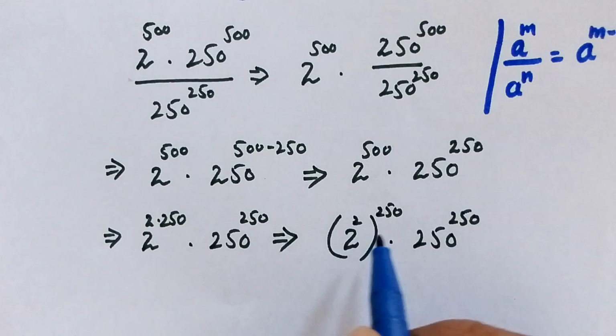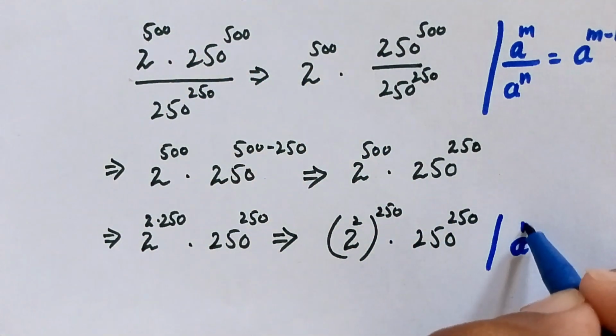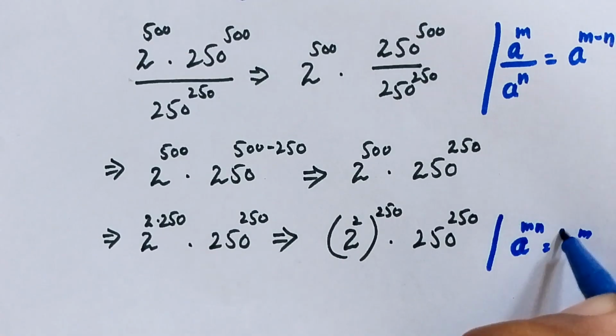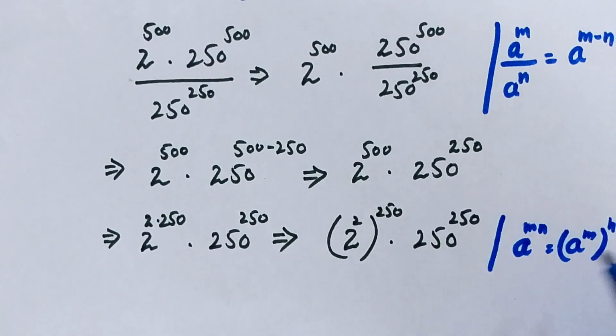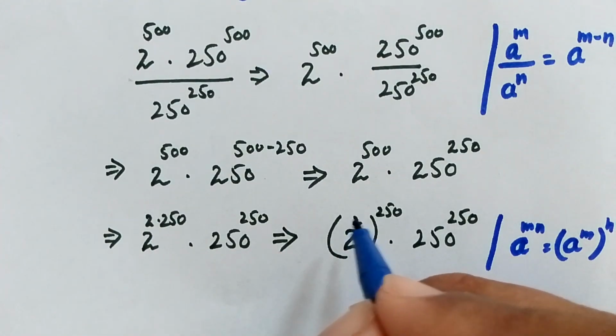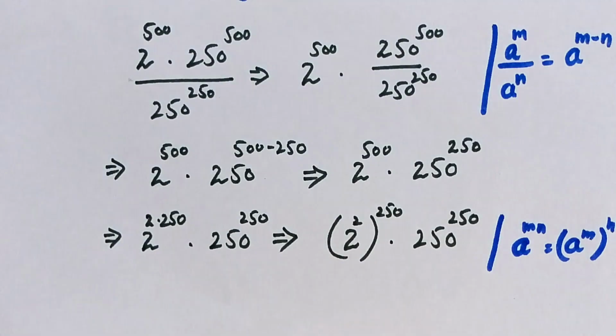Here we apply the condition that a to the power of m times n is equal to (a to the power of m) to the whole power of n.